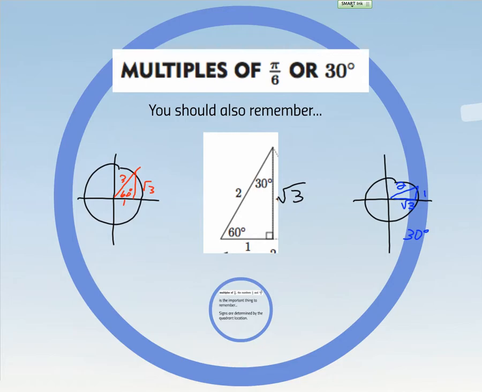Does anyone have any tricks to remembering SOH CAH TOA? Yeah? Yeah, absolutely. Do you have any tricks or you just got it? SOH CAH TOA. It just is? Okay. Just curious. If anyone had any stories or anything that helped you remember it.